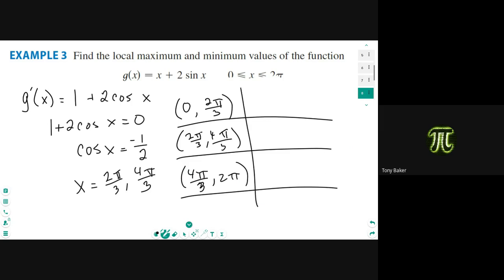And we have 1 plus 2 cosine of x. So the key is, is this going to be greater than 1?